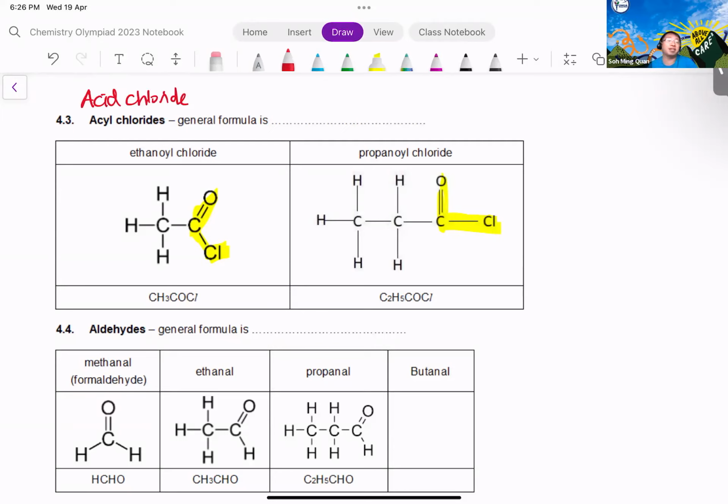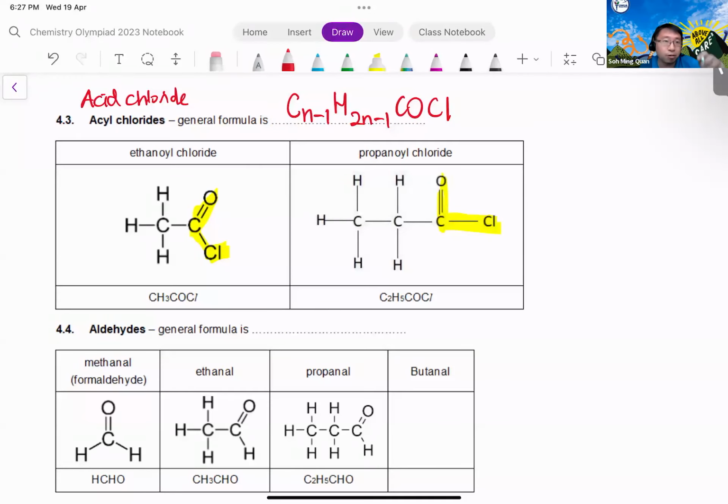Now, the general formula quite clearly is related to carboxylic acids. So Mr. So will just give it to you. Okay, so it's Cn-1 H2n-1 COCl. Remember, n is the number of carbon in total.